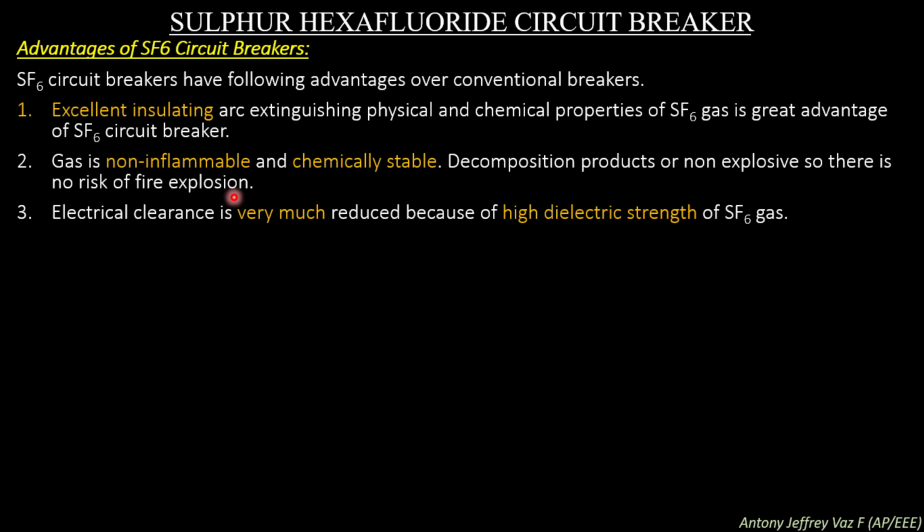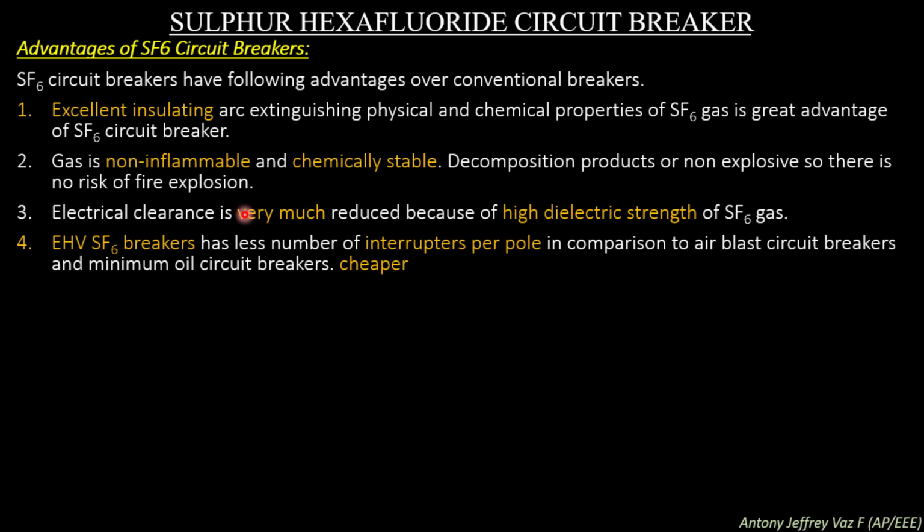Electrical clearance is very much reduced because of high dielectric strength of SF6 gas. Since the gas has a very high dielectric strength, the electrical clearance can be reduced to a very little level. Extra high voltage SF6 circuit breaker has fewer interrupters per pole in comparison to air blast circuit breakers and minimum oil circuit breakers.